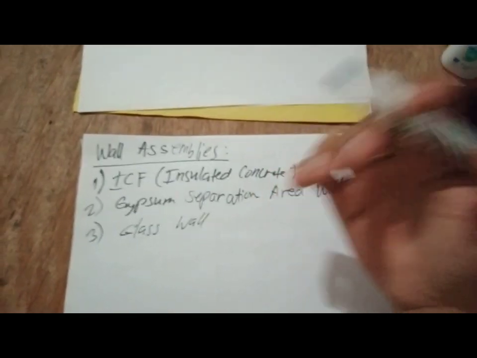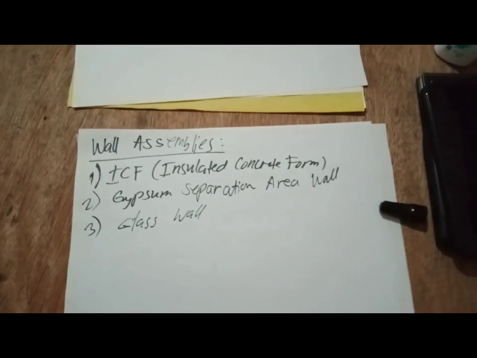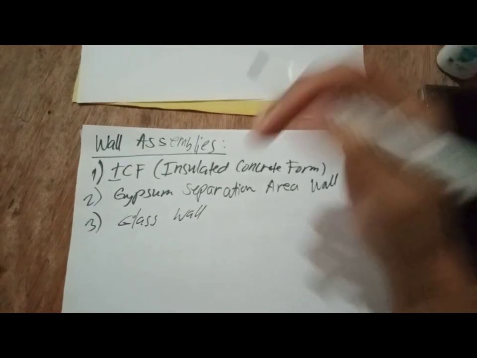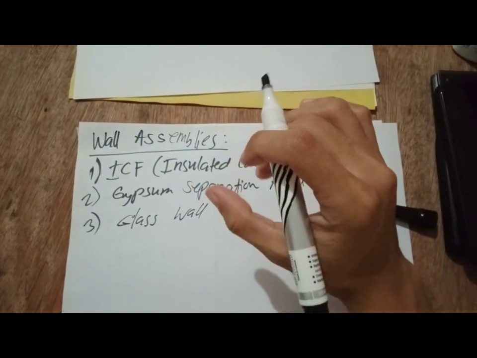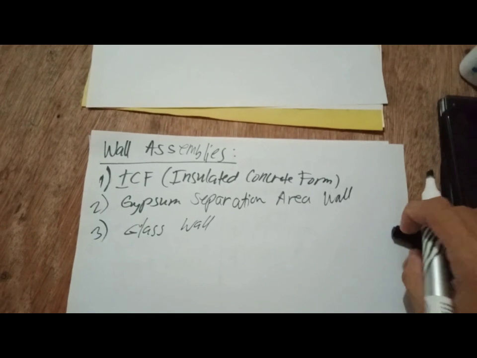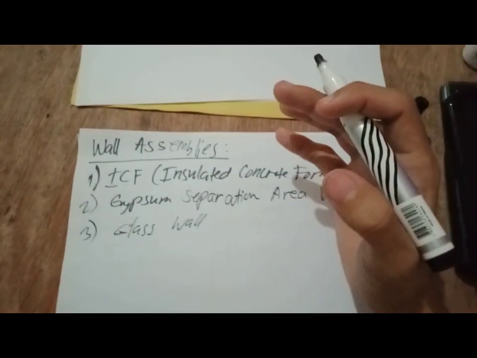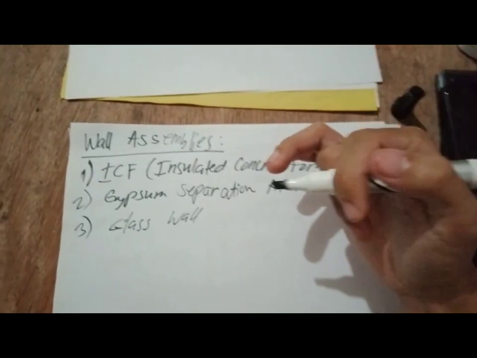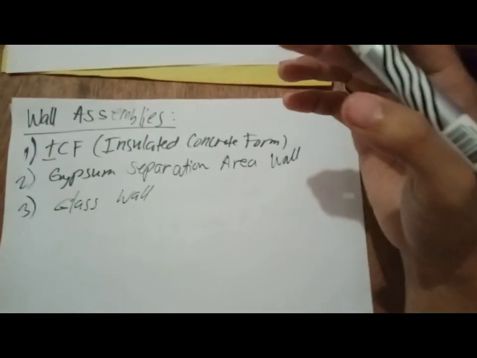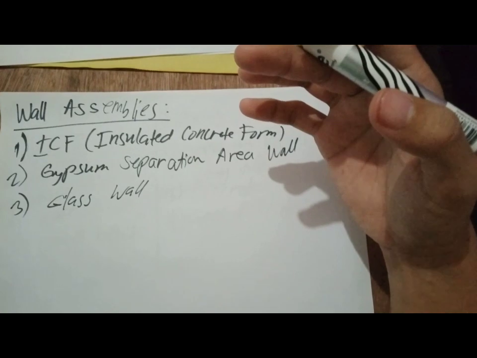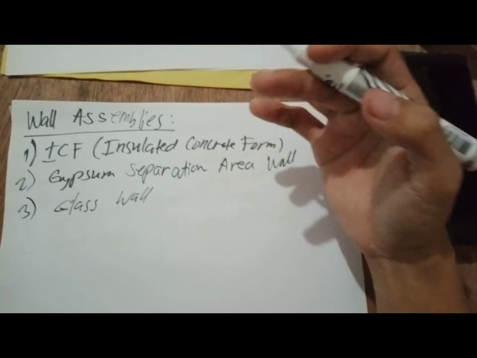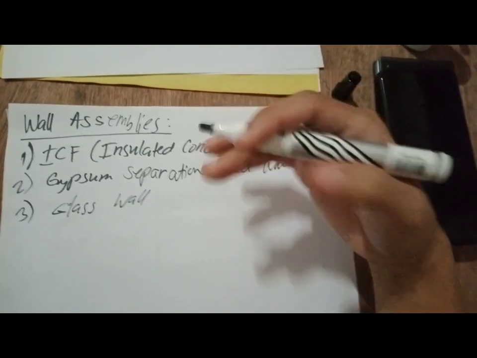The purpose of using glass as a wall assembly is to provide transparency of what things are inside your building, in order for the people to see the products inside your building.